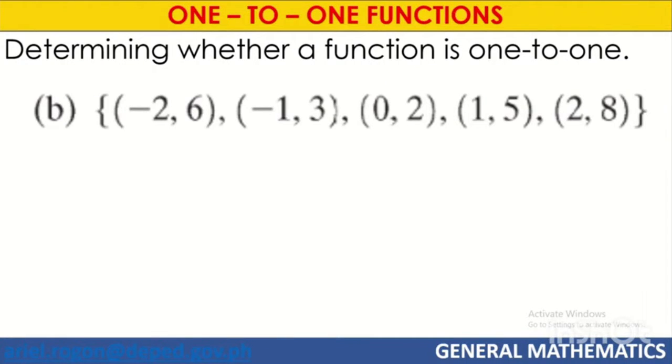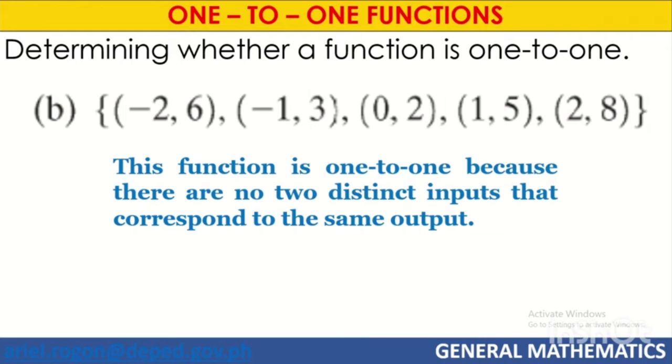So letter B, given pairs -2 and 6, -1 and 3, 0 and 2, 1 and 5, and then 2 and 8. So this function is one-to-one because there are no two distinct inputs that correspond to the same output.